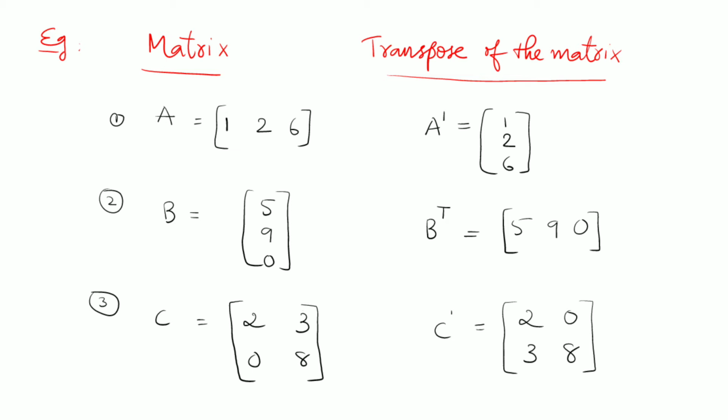Similarly, matrix C is a 2 by 2 matrix, that is 2, 3 is your first row, that is changed in C dash to the first column. Second row, 0 and 8, is changed to the second column. So here 2 rows 2 columns, again here also 2 rows and 2 columns. So in C and C dash, rows and columns are interchanged.